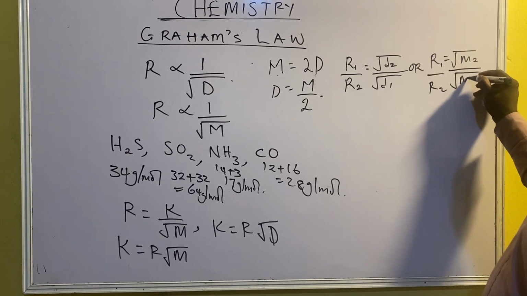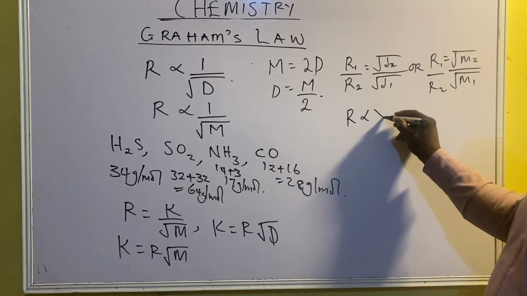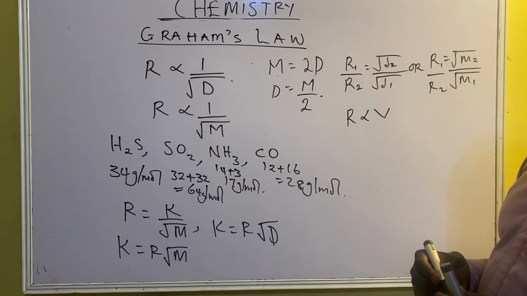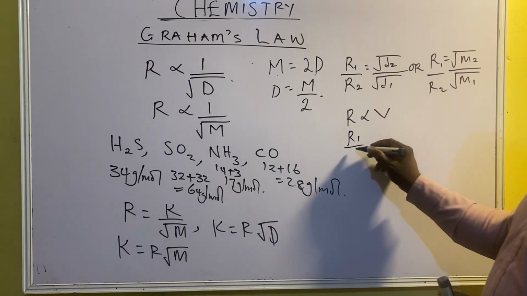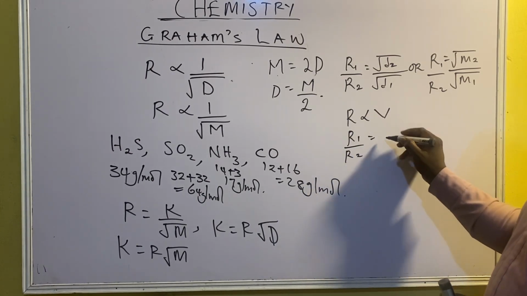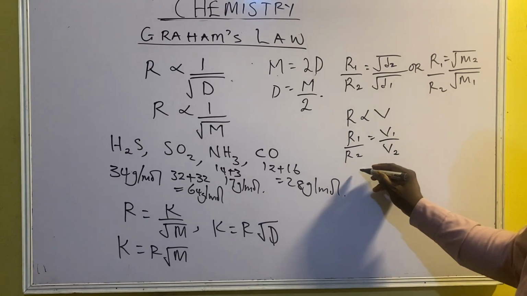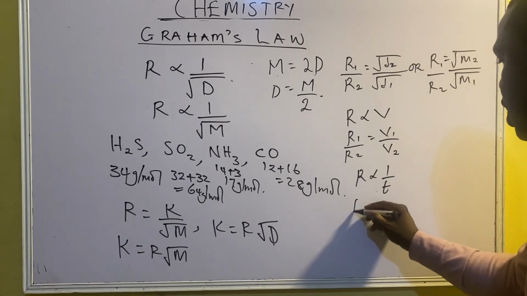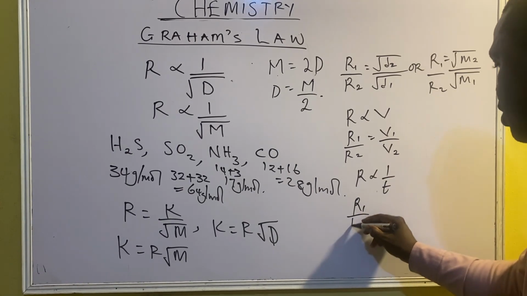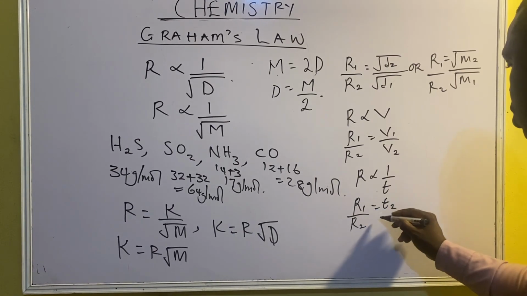Yes, we can say that. We know that rate is also directly proportional to volume. So what that means is that R1 over R2 is equal to V1 over what? Over V2. We know that rate again is inversely proportional to time. What that means is that you have R1 over R2 is equal to T2 over what? Over T1.